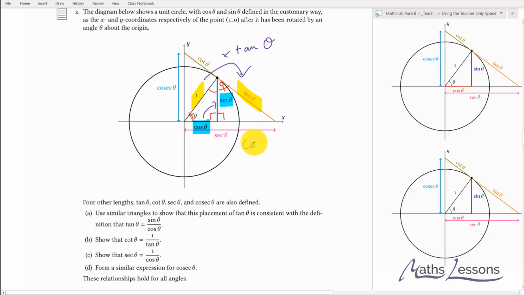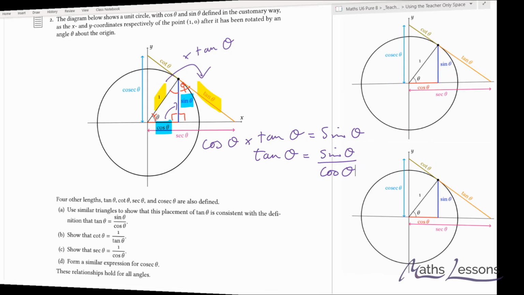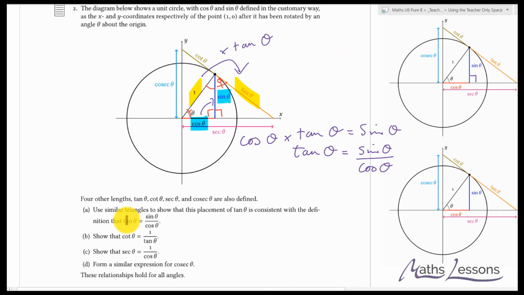So cos theta times tan theta equals sine theta. If we divide both sides by cos theta, we get tan theta equals sine theta over cos theta.